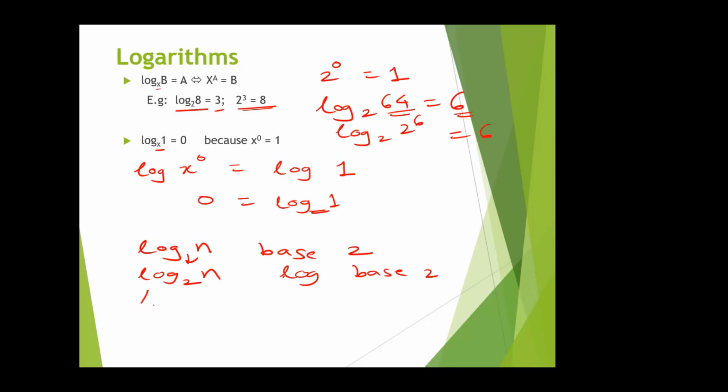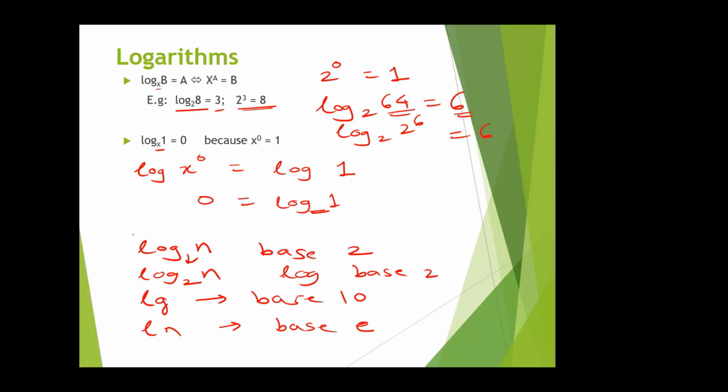Then lg is used for base 10. When we say ln, we are going to assume that the base is e, the natural number, which is 2.718.